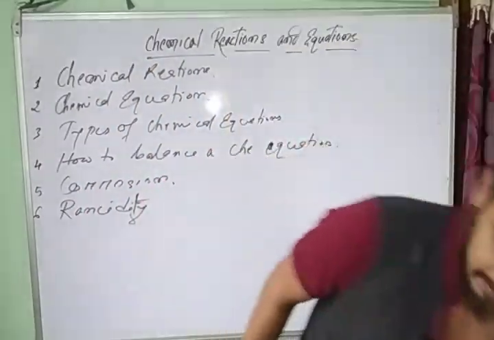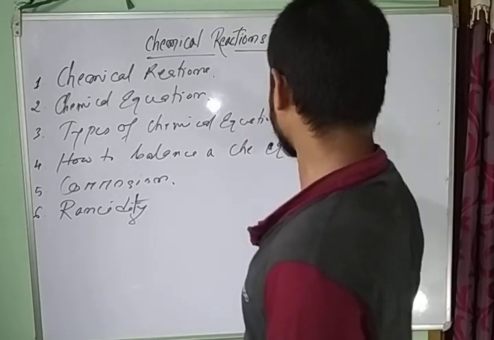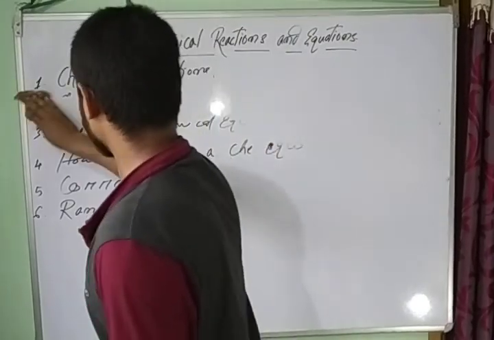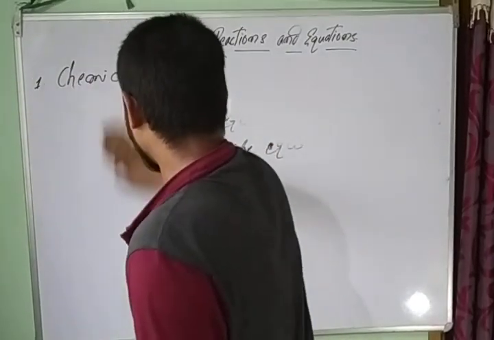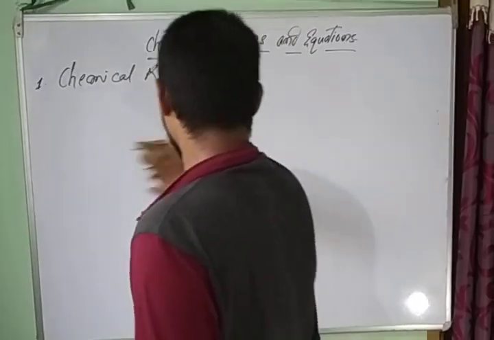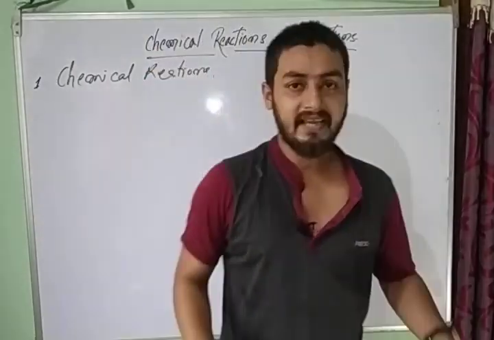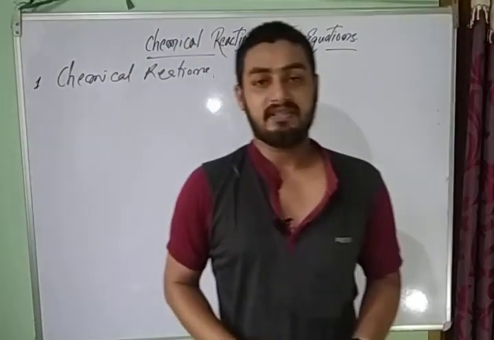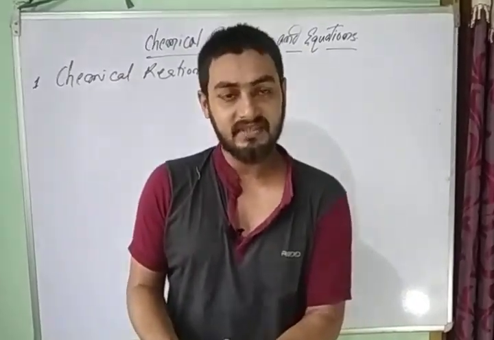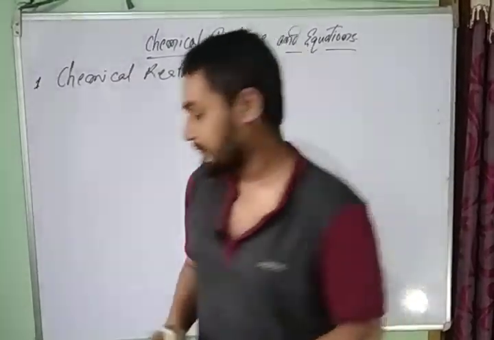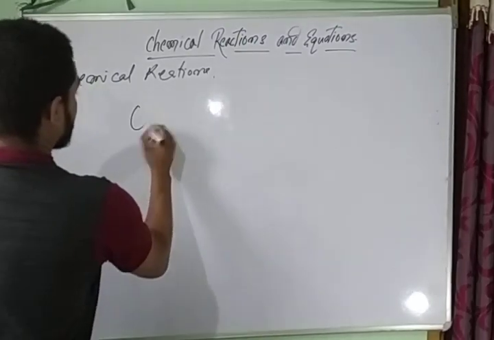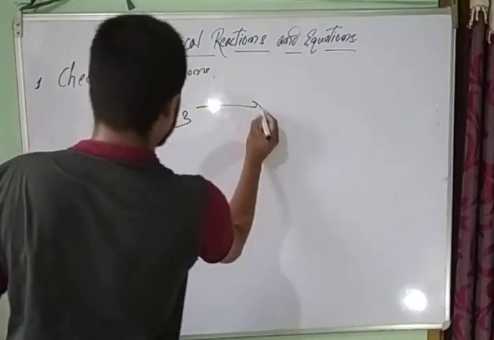What is chemical reaction? Chemical reaction is nothing but the change of one type of chemical substance into another. For example, CaCO3, this is calcium carbonate.